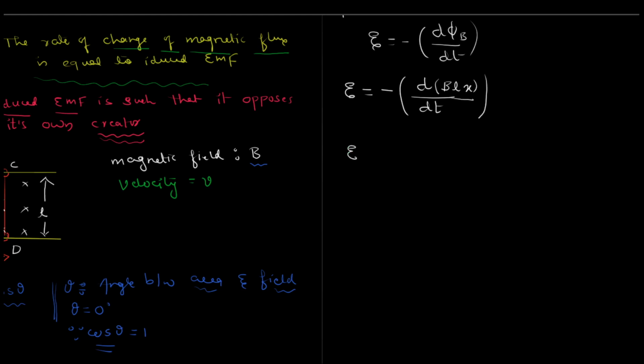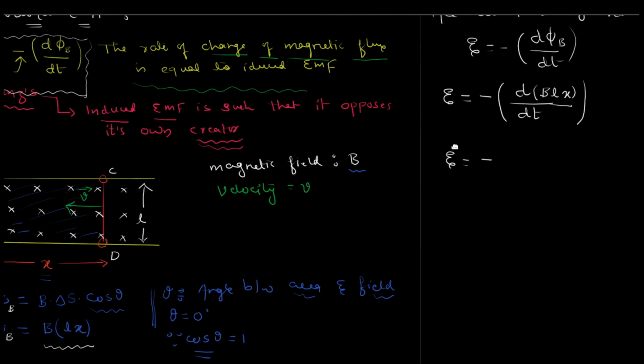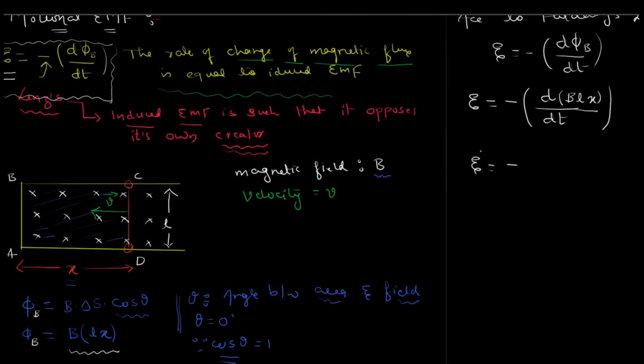So induced EMF E is equal to minus of, now let's look at these three terms. You have B, you have L, and you have x. Among these three terms, is the magnetic field changing with respect to time? Let's focus on the diagram for a bit. As time goes ahead, the rod is sliding leftwards.